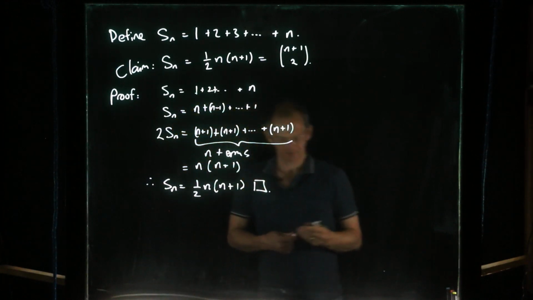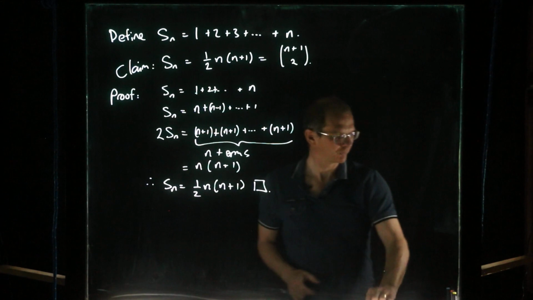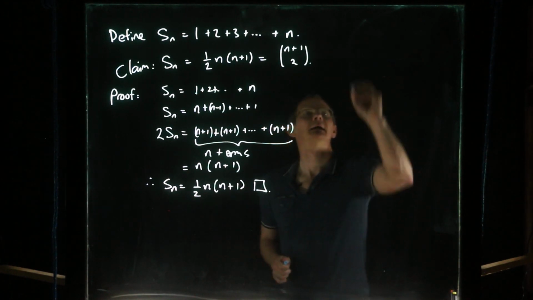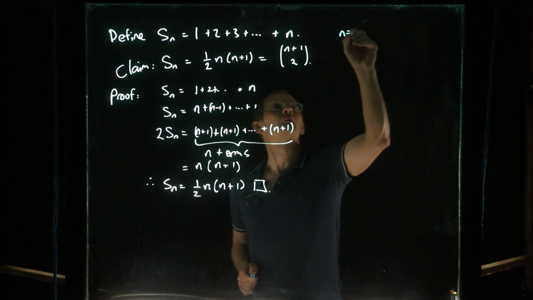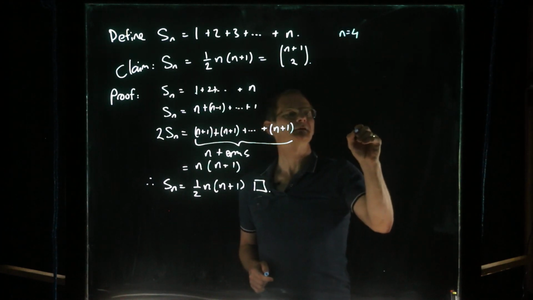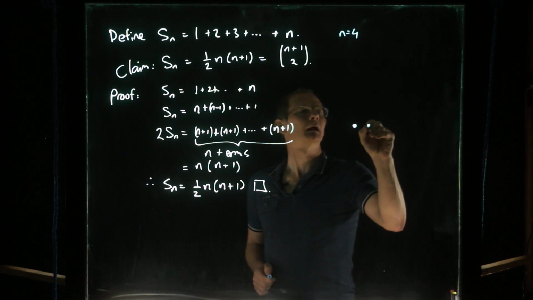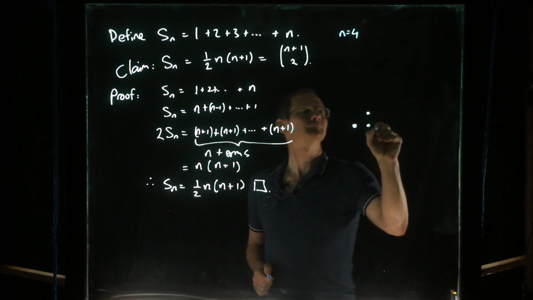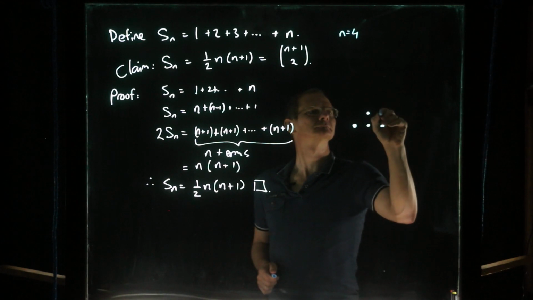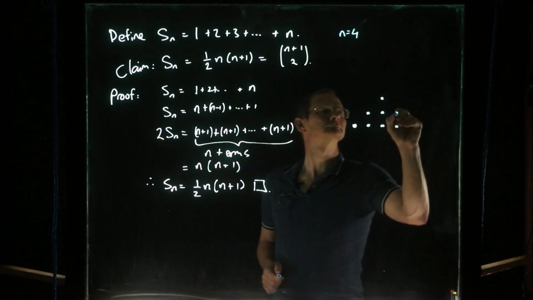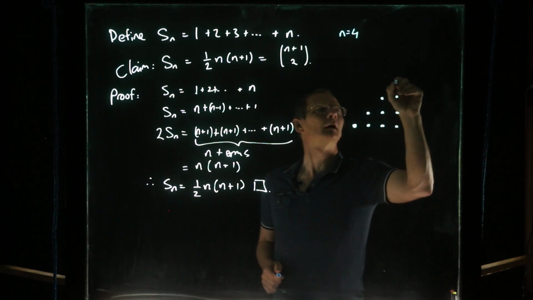And if we want, we could do a more visual version of this. Okay, let's take n equals 4, say. So here's our S4. We've got a 1 and a 2 and 3 and 4.